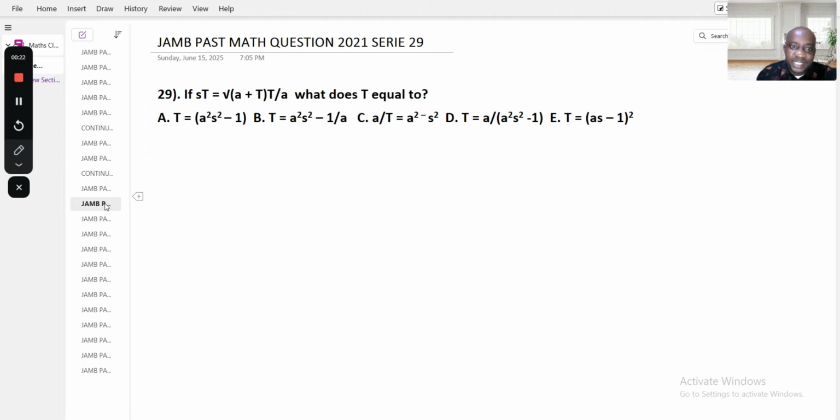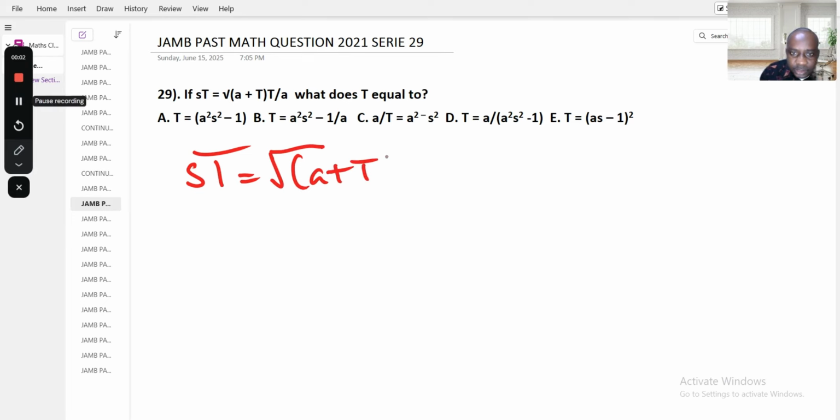If st equals to the square root of a plus c over a, let me write out the question. Now the question says, what does t equate to?